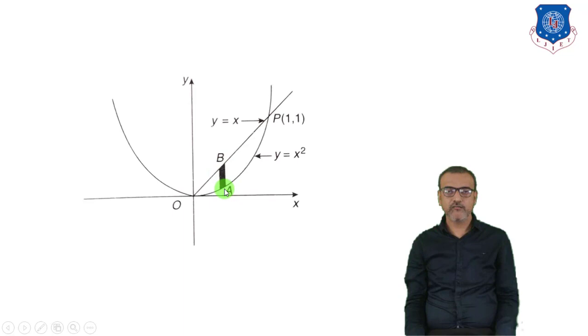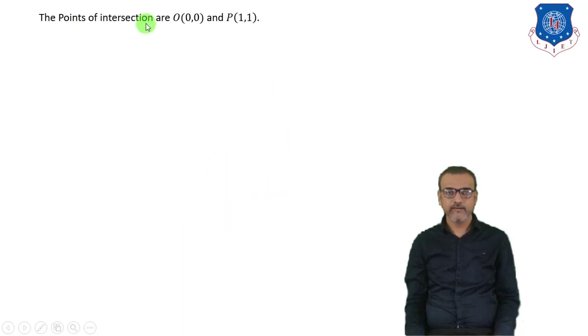So the limit of y will be from x square to x. Hence the limit of x is from 0 to 1, and the limit of y is from x square to x. The points of intersection are O(0, 0) and P(1, 1).